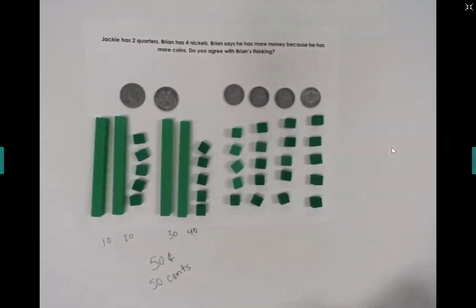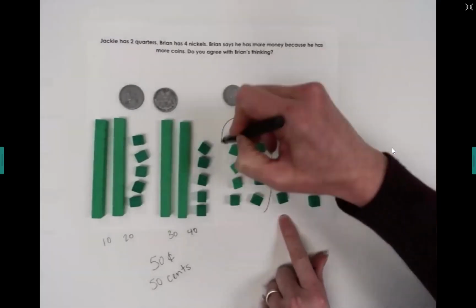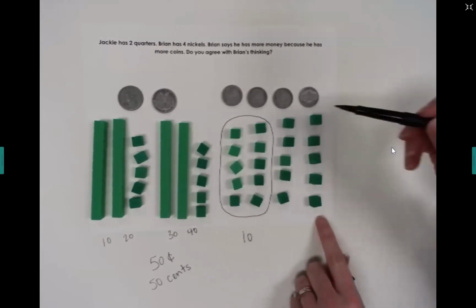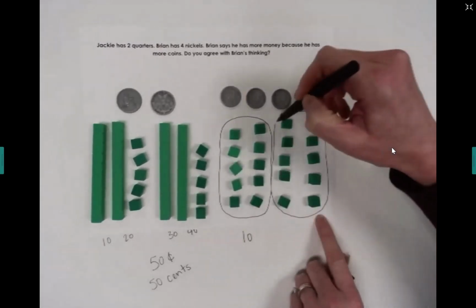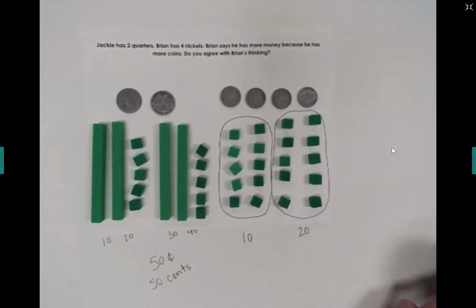And by bundling, I would be able to see that I have a group of 10 ones here, and then another group of 10 ones would give me a total of 20.